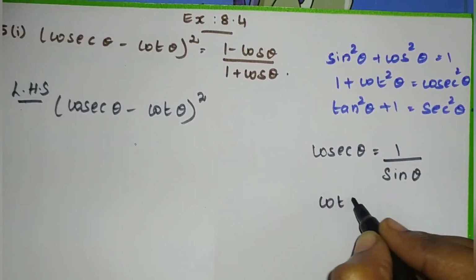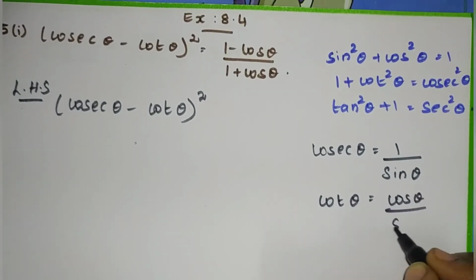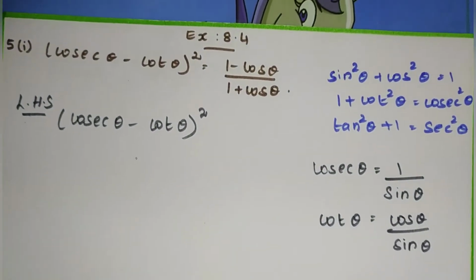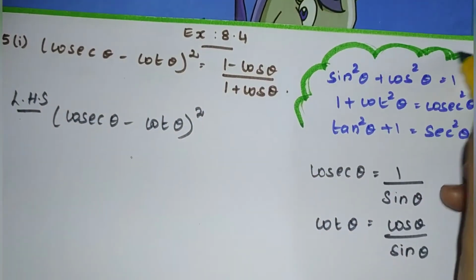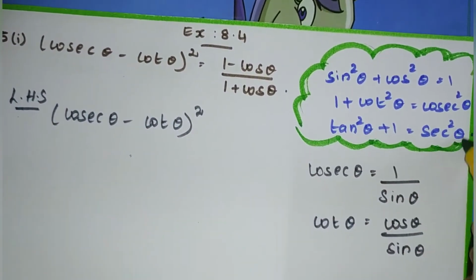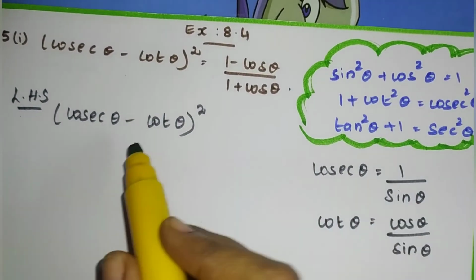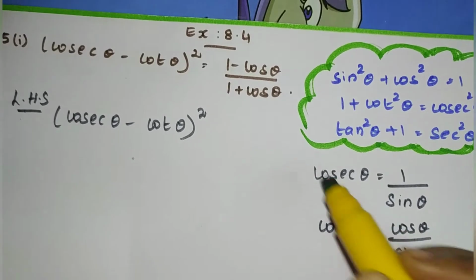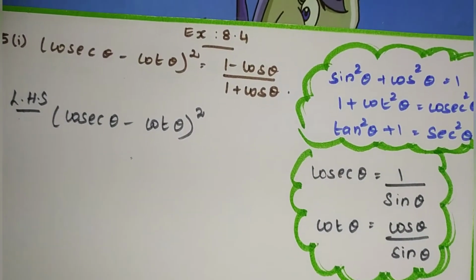And cot theta, we can write it as cos theta divided by sin theta. Clear, children? First you have to write the identity and see which one you can apply here. If you can't apply anything, then you can't; if you can apply like this, then you can apply.